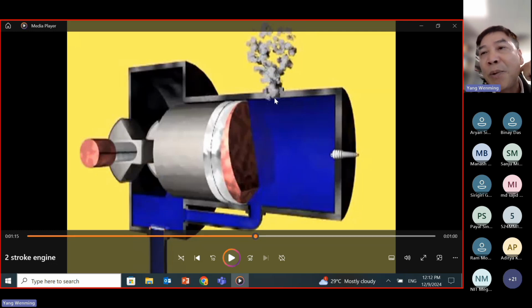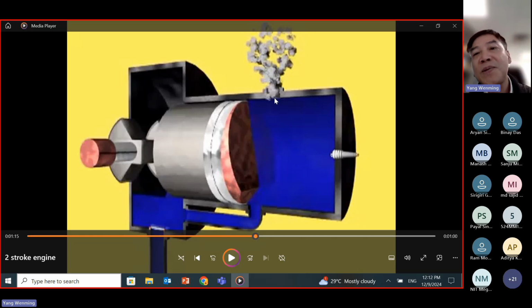Once this exhaust port is open, the pressure will drop immediately, correct? As a result, the power produced by this engine will decrease. So because of these two reasons, the overall efficiency of two-stroke engines will be lower than four-stroke engines.